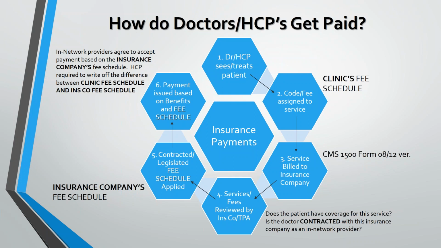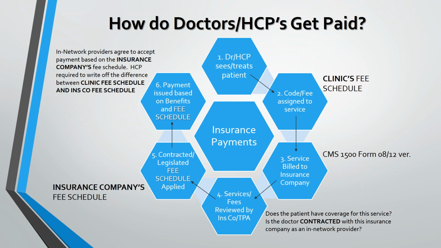So the clinic basically has a menu of services that they will perform on patients, and each one of those services is assigned a specific code, CPT code or HCPCS code, and each of those codes is assigned a value. Now that value is based solely on what the clinic assigns to be the cost for that service. And that's important to know because it's not necessarily the fee that the doctor will get paid on, and a lot of that is going to depend on the credentialing and the contracting.